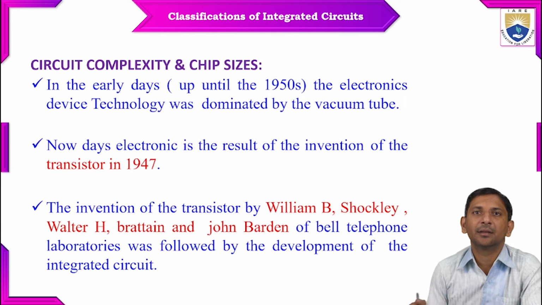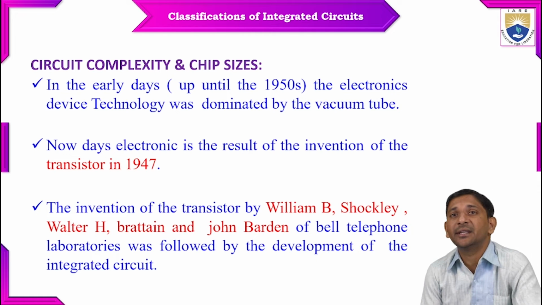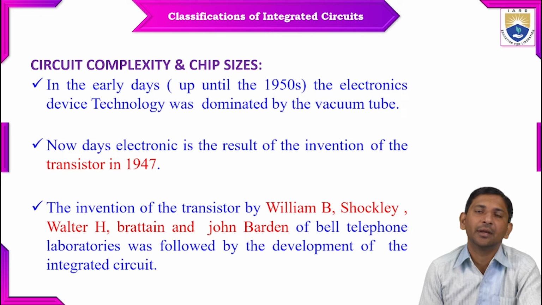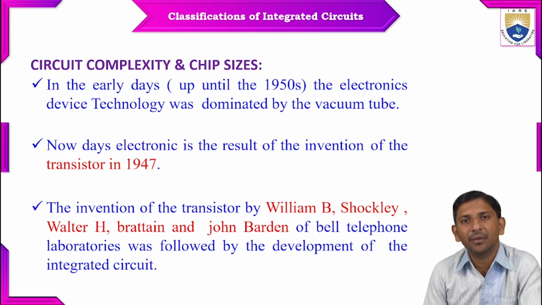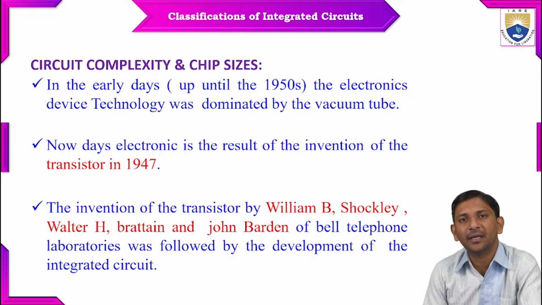And next one is circuit complexity and chip sizes. How this change occurred in the history of integrated circuits can be seen here. Day by day, the size is going to be reduced. In the 19th century, every device performing real time operations for different applications used big size ICs.